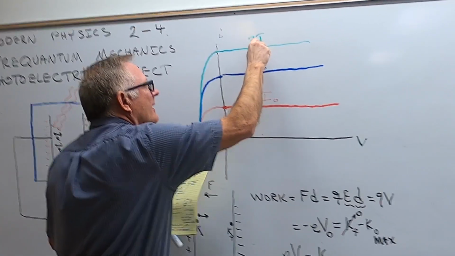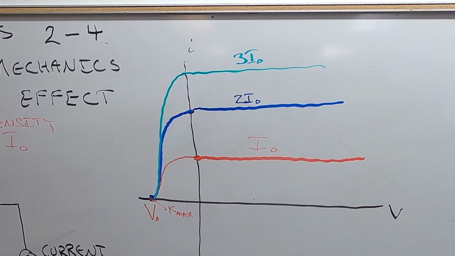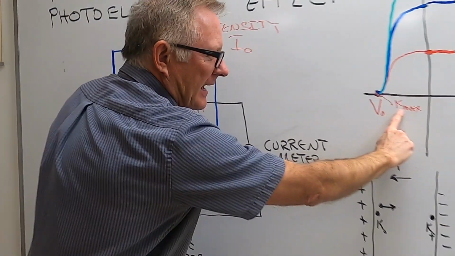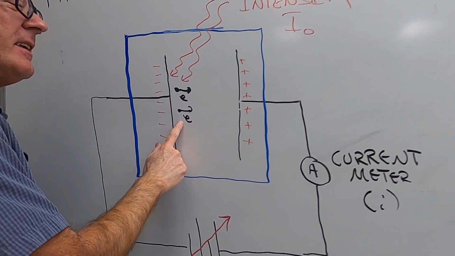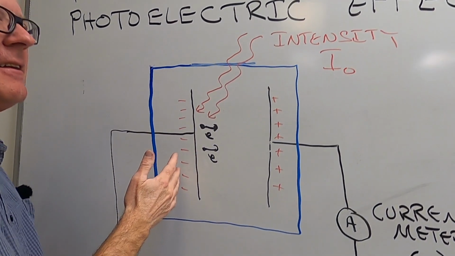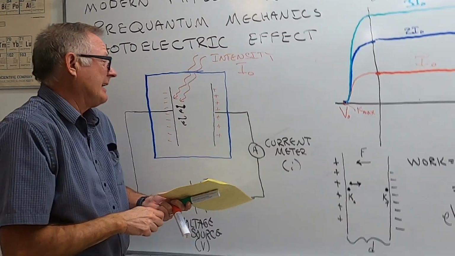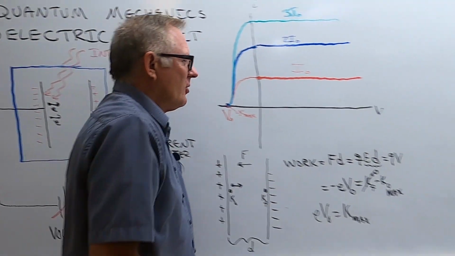This is 3I naught. Well, this is kind of strange, because remember this is the maximum kinetic energy of the electrons, and what it's saying is that the kinetic energy of the electrons is independent of the brightness, which is certainly not classical. Classically, you'd think if you made it brighter, you'd kick them off faster. So what can we say?